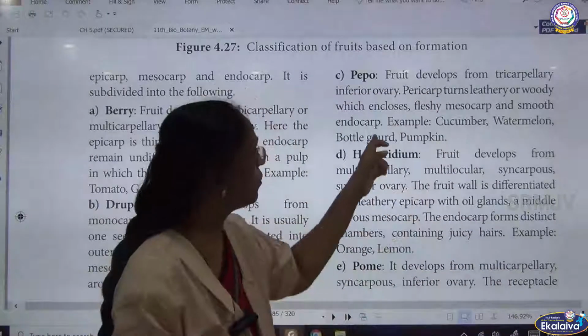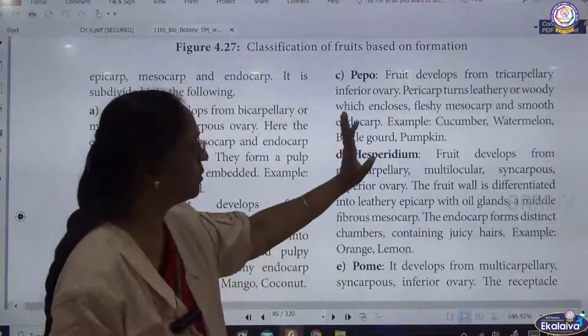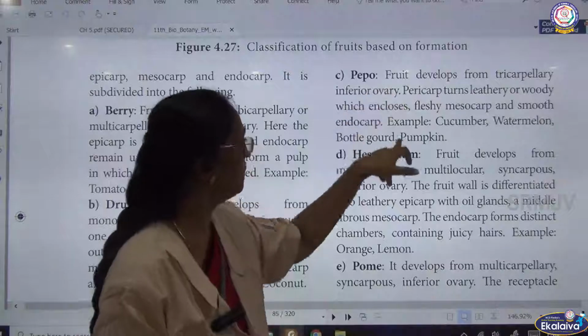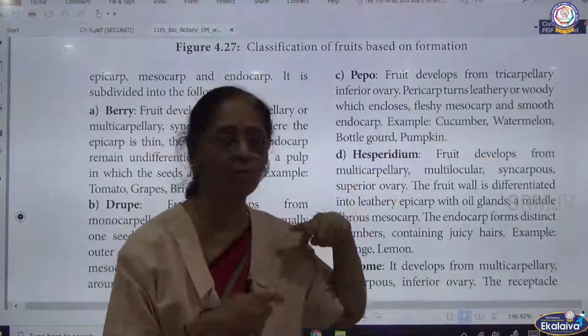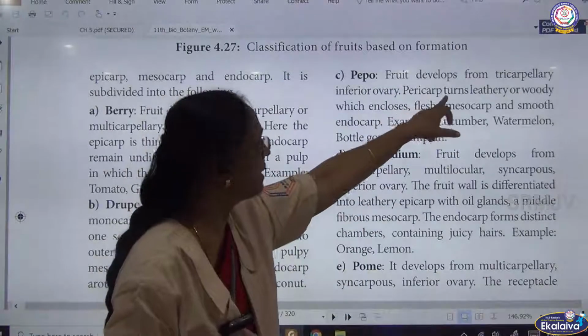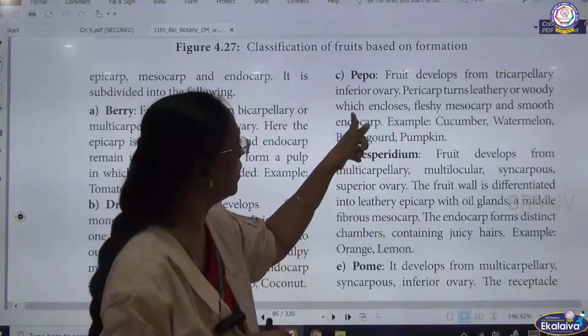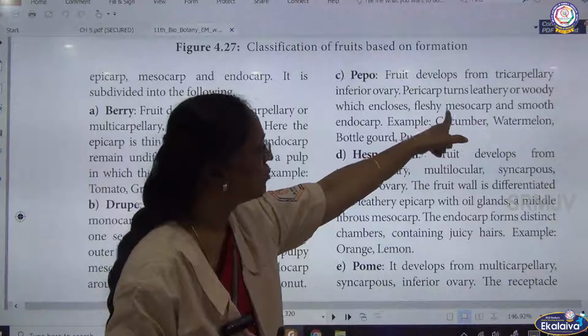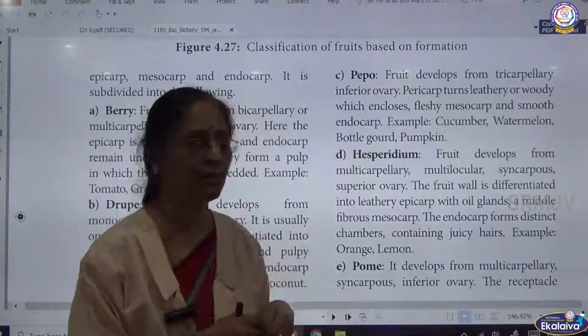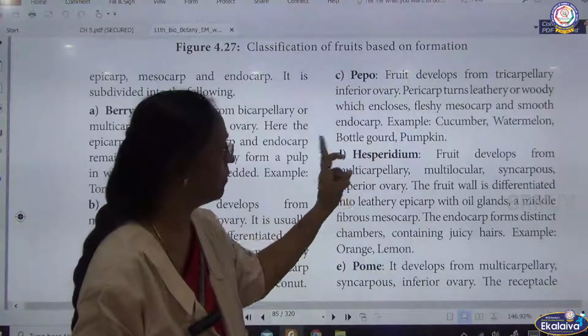Here the fruit is developed from a tricarpellary inferior ovary, and here in pepo, that is the cucumber and watermelon, you will find that the pericarp turns leathery or woody, which encloses fleshy mesocarp and smooth endocarp, which you will find in pepo.